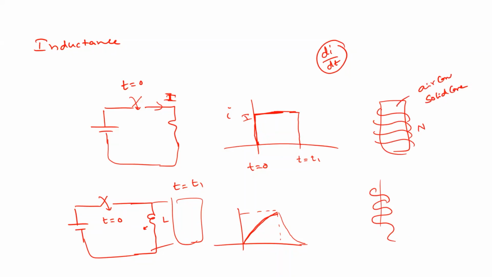This gives you the inductance, the property of the coil due to which it opposes any increase or decrease in the current.